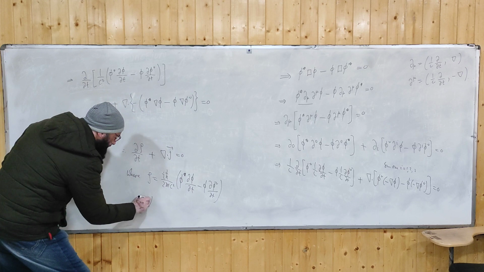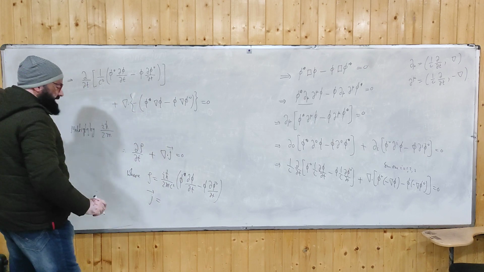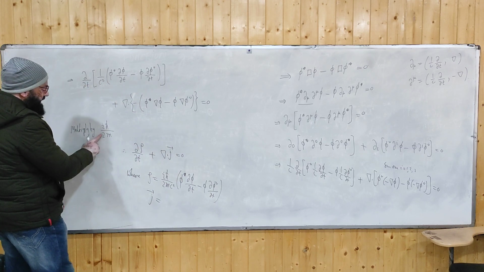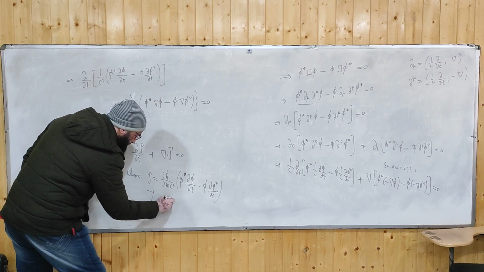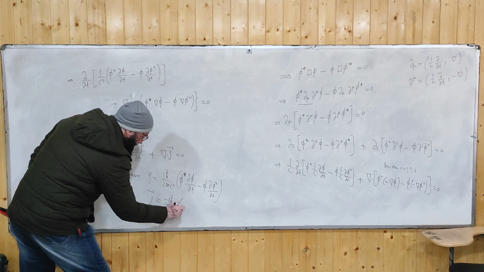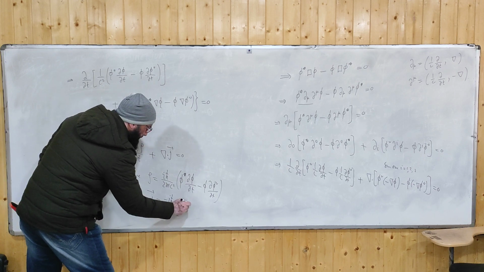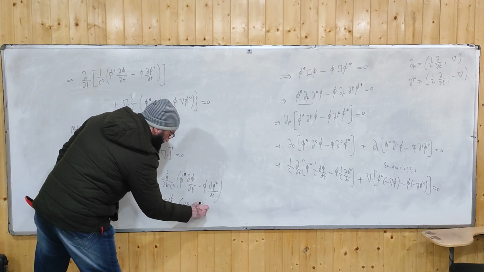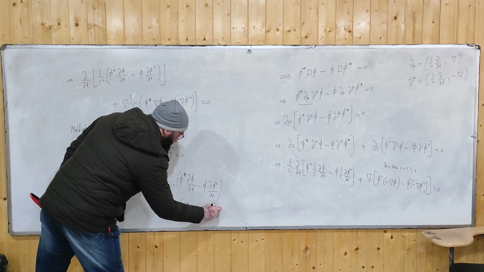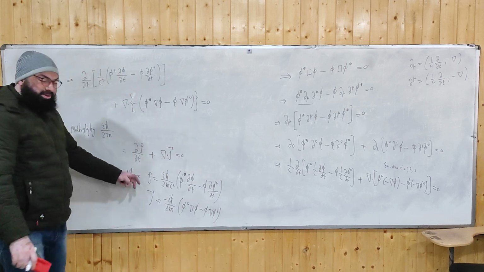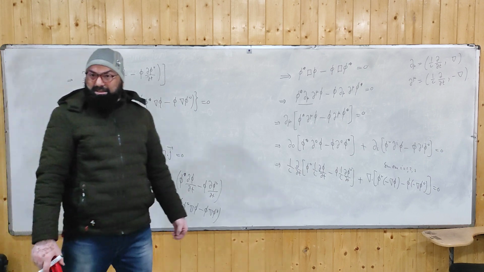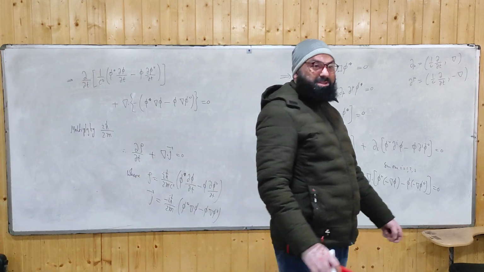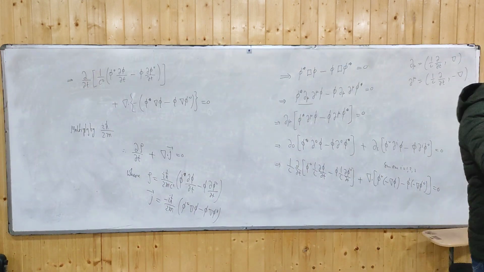Okay, and what is j? So anybody? What is j? So it is iħ by 2m with a negative sign, so it's minus iħ by 2m and ψ* nabla ψ minus ψ nabla ψ*. Okay, so ρ represents the probability density and j gives you the current density. Clear? So it gives you the probability flow across the surface.